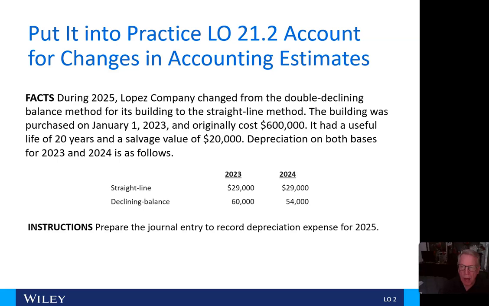It had a useful life of 20 years and a salvage value of $20,000. Depreciation on both bases for 2023 and 2024 are shown as follows. And here's the straight line method. Here's the double declining balance method for 2023 and 2024. And here they want you to prepare the journal entry to record depreciation expense for 2025.